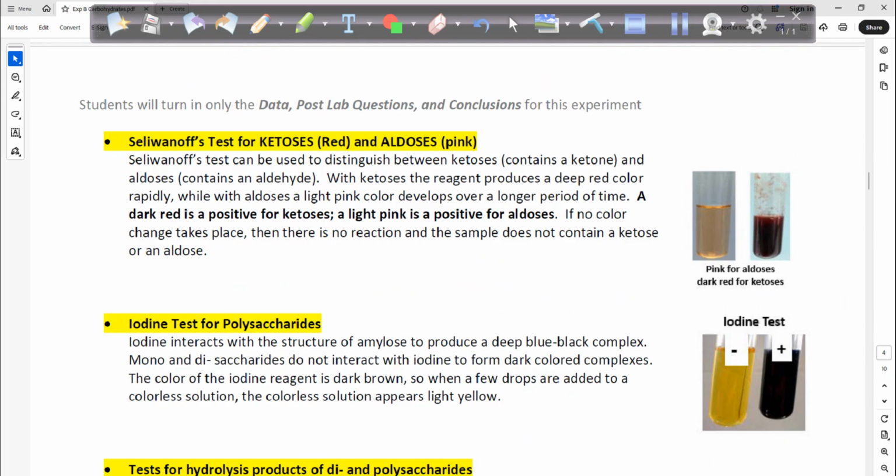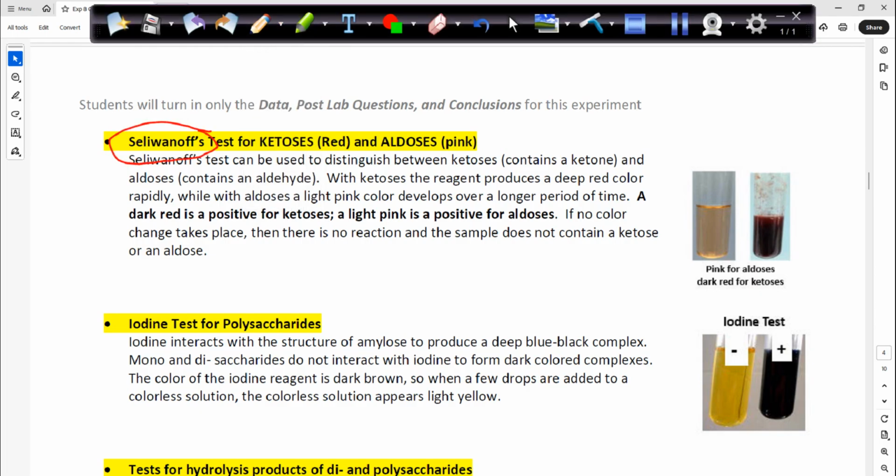test for ketoses and aldoses. So the Selivanov test, I'll post for you what Selivanov reagent is made of. When you put in an aldose, it will give you pink color. This is for aldose. And if you put it in a ketose, it will give you this color.